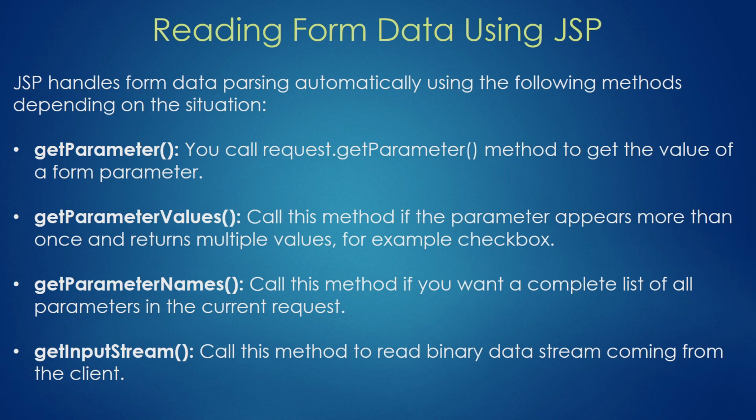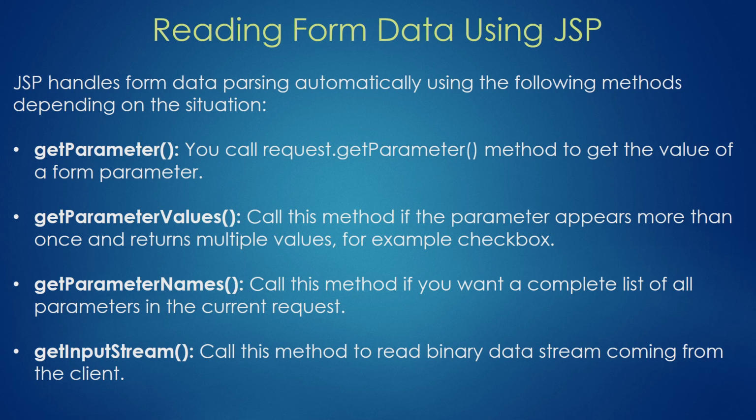JSP handles form data passing automatically using the following methods depending on the situation. First one is getParameter method. You call request.getParameter method to get the value of a form parameter. GetParameterValues method. Call this method if the parameter appears more than once and returns multiple values, for example, checkbox.